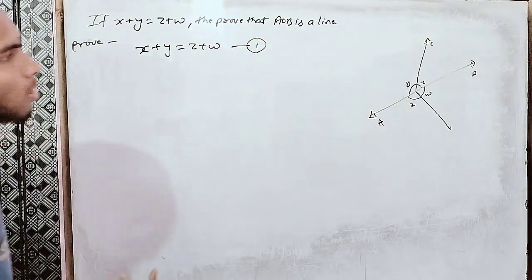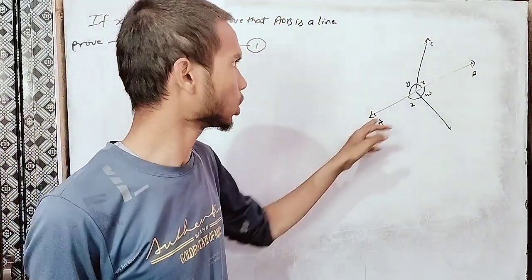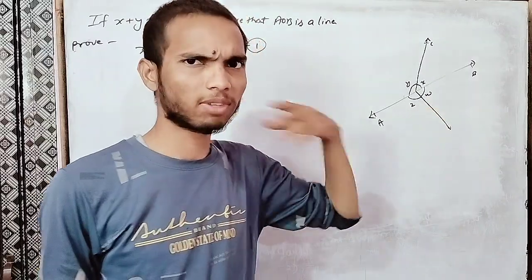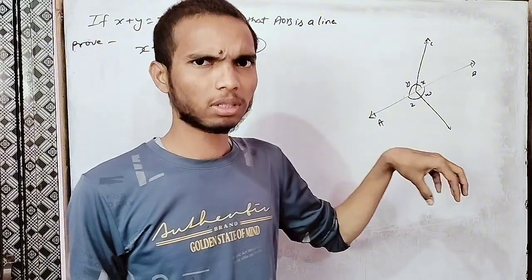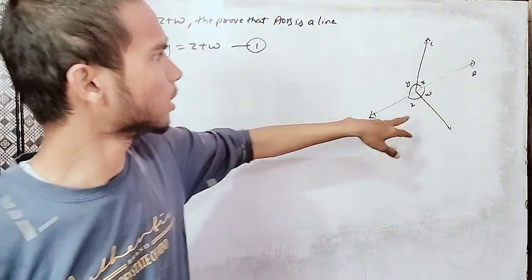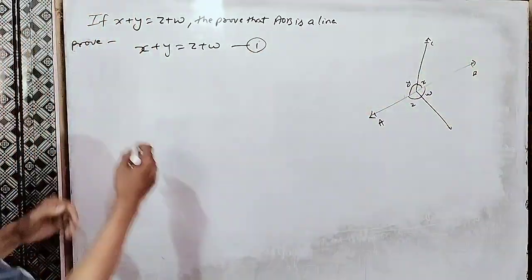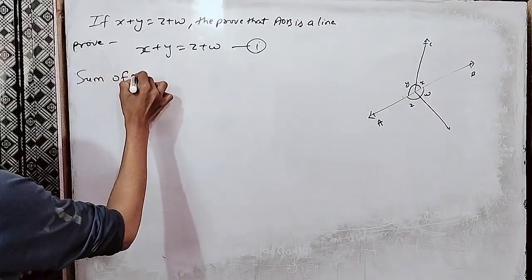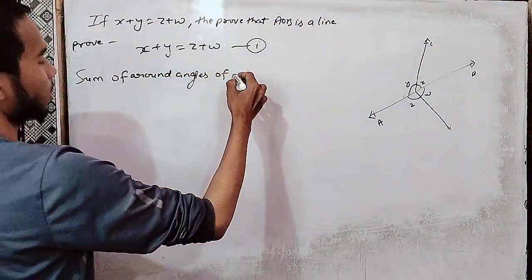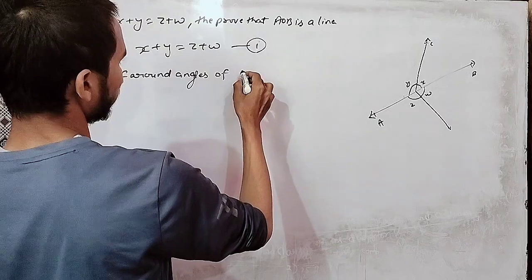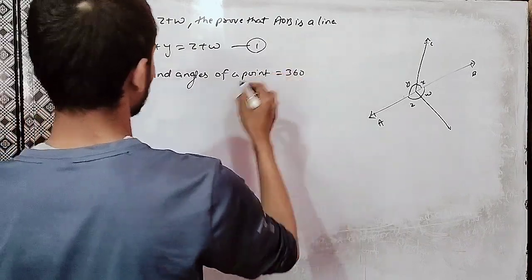Now, instead of writing AOB as a sum of these angles, which is what we have to identify, we will use the sum of the angles around a point, which is 360.